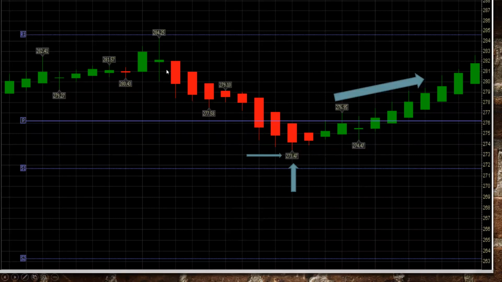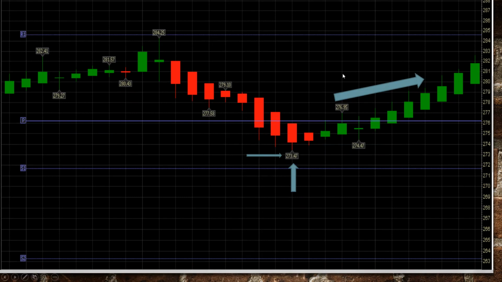So we've got our downward move, which is a bearish move to the downside, red candles. We've got the low of the day at 273.47. Our mother bar to the left is higher and lower than the baby candle to the right.